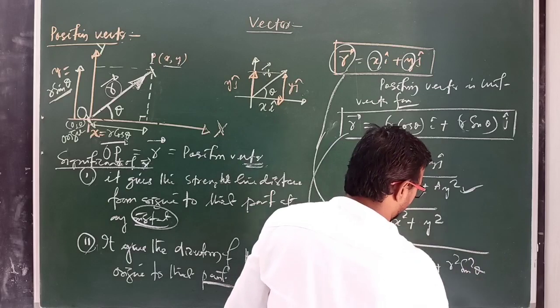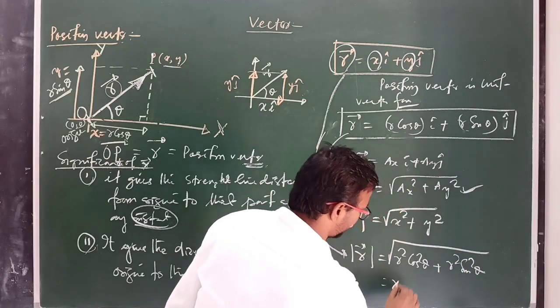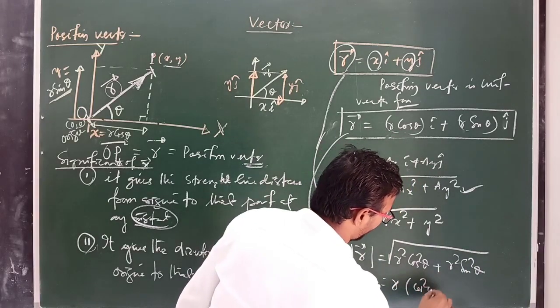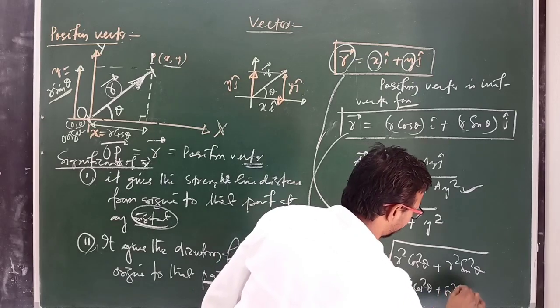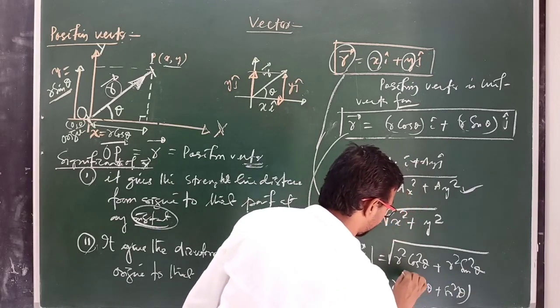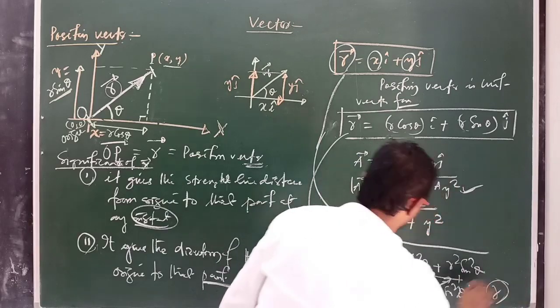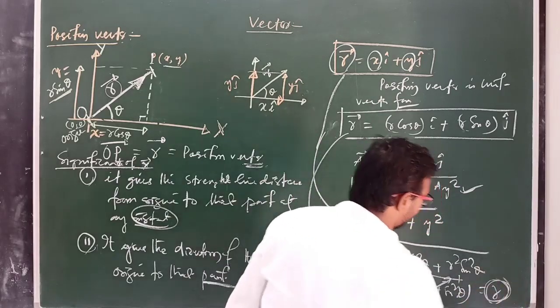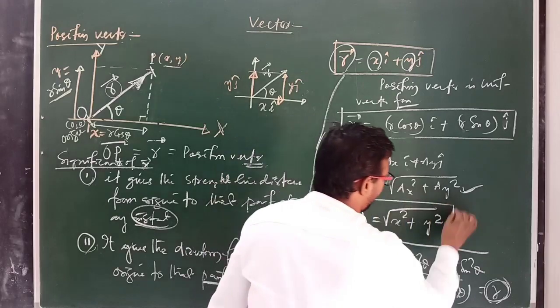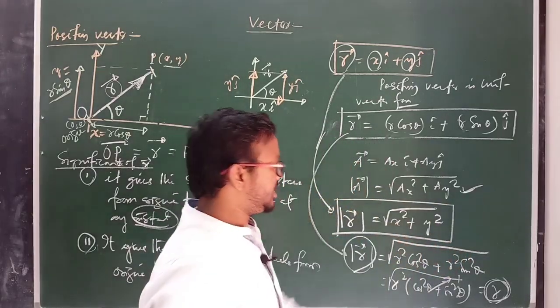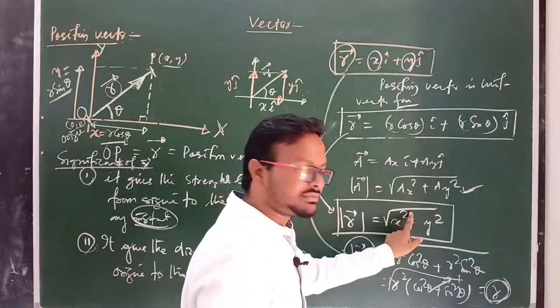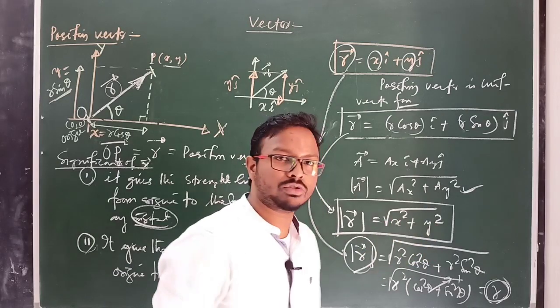R is common, so r times the square root of cos square theta plus sin square theta, and this value is 1, so we get r. So the magnitude of r is equal to r. But the important relation to find the magnitude of the position vector is the square root of x square plus y square.